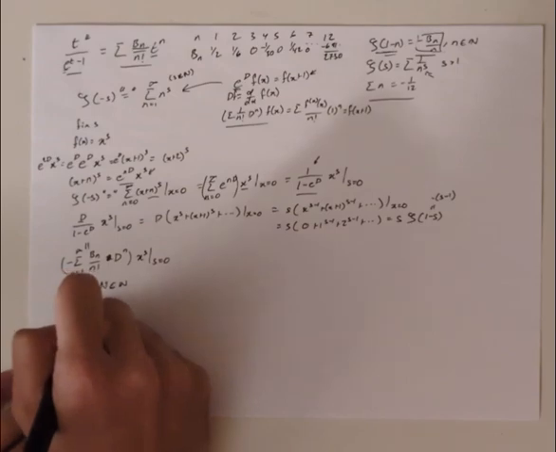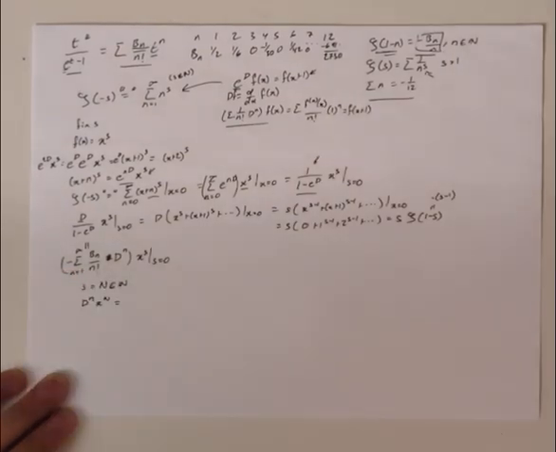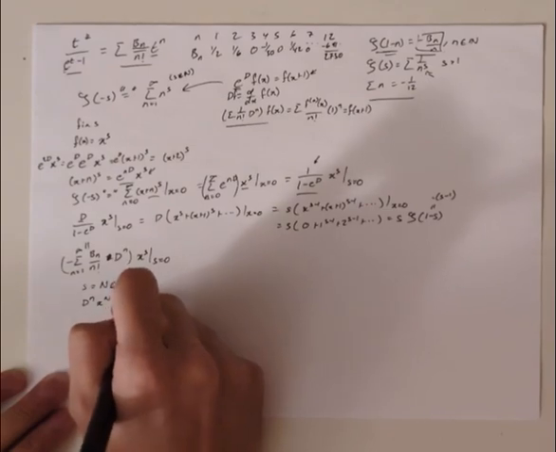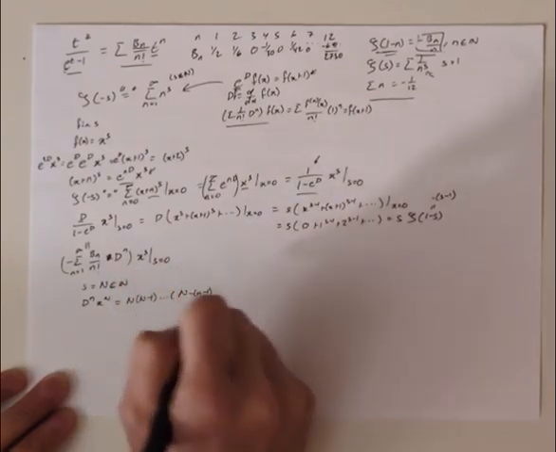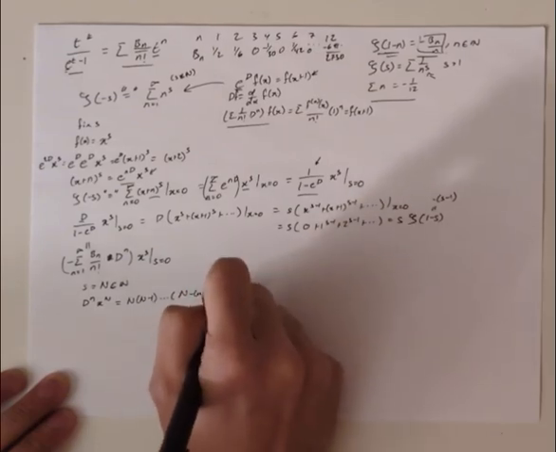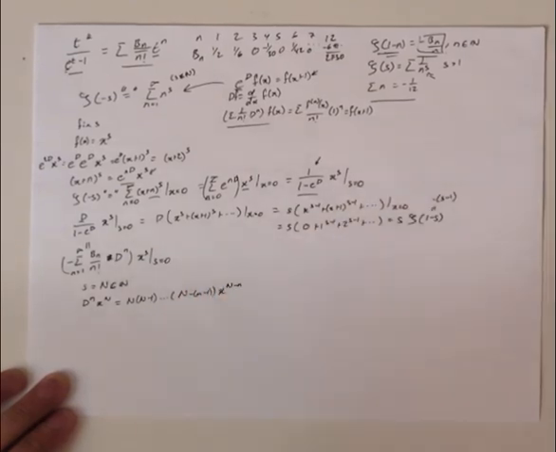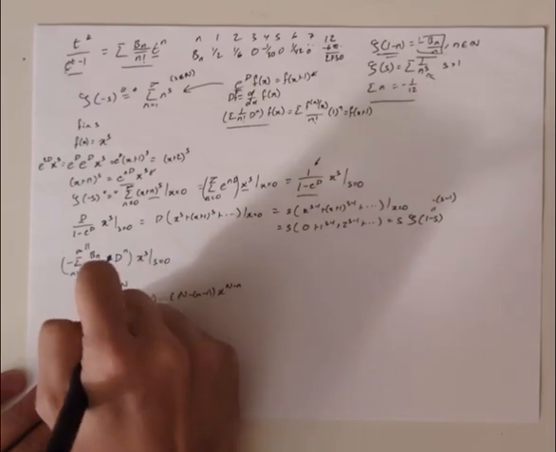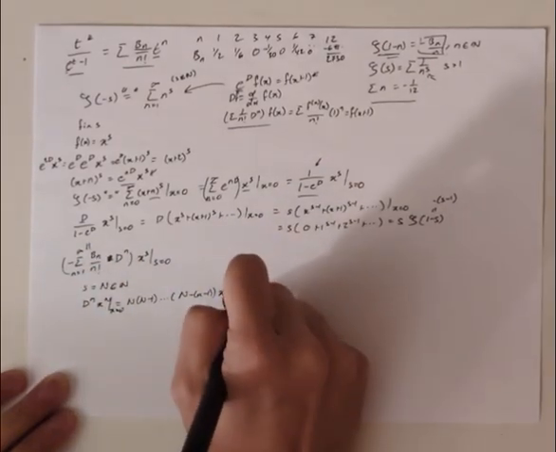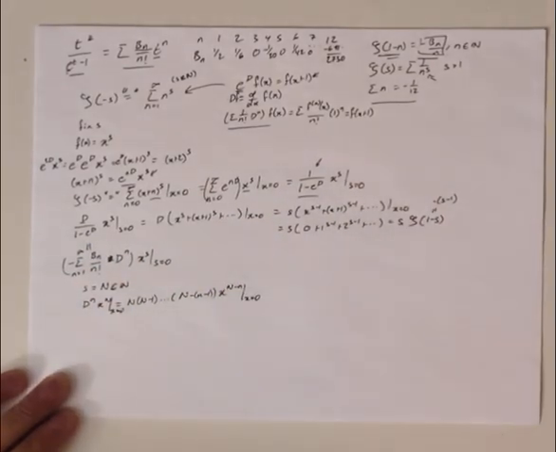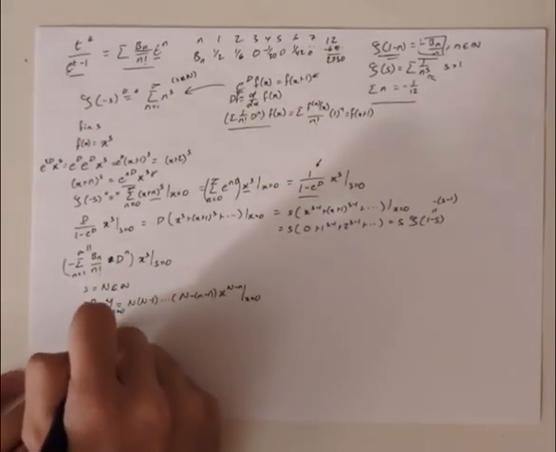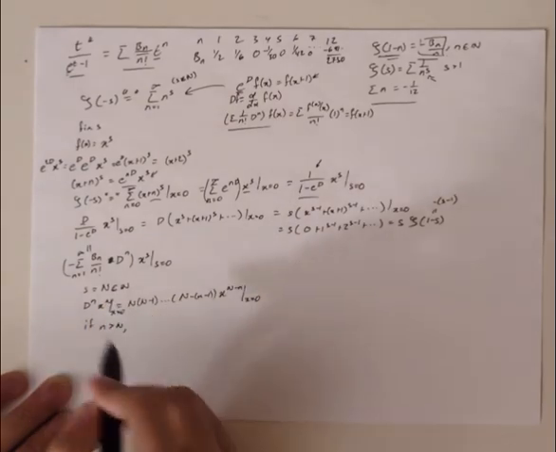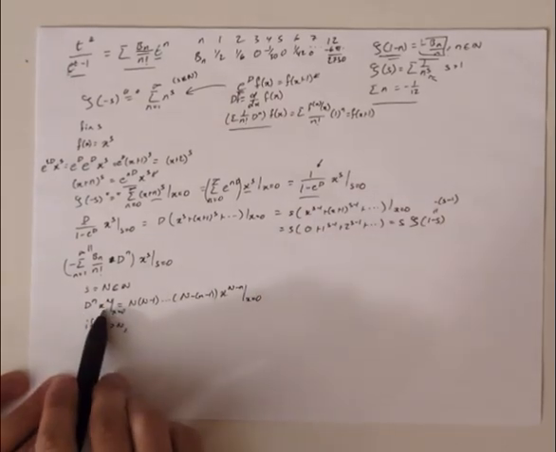Well, if we look at d to the n of x to the N, right? This will be N times N minus 1 all the way down to N minus n plus 1, times x to the power of N minus n. And if we evaluate this at x equals 0, then two things happen. One is, if n is greater than N, then we're taking more derivatives than there is an exponent.